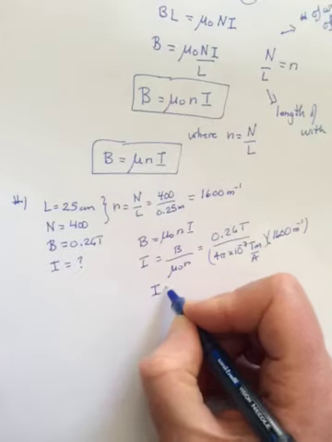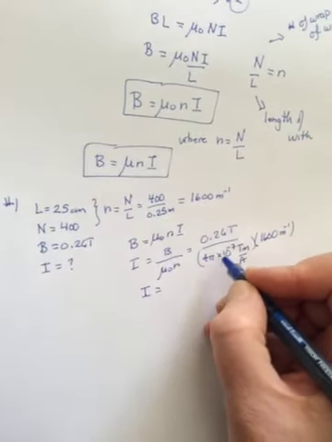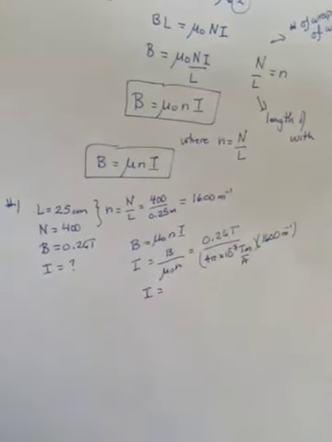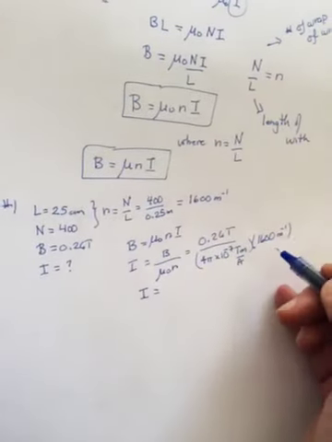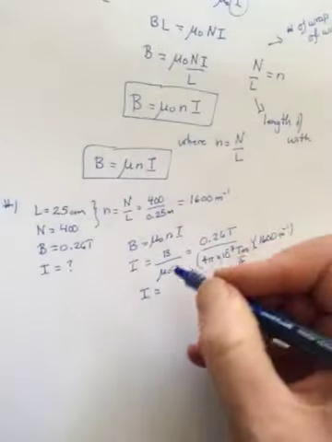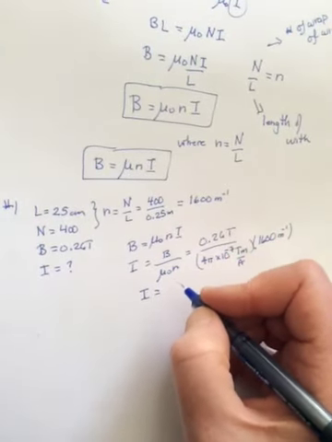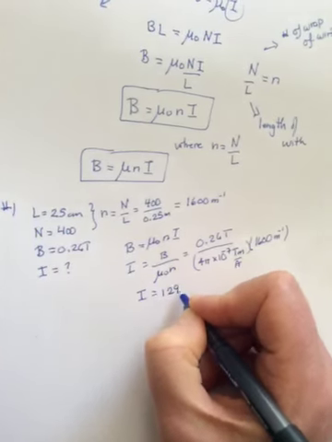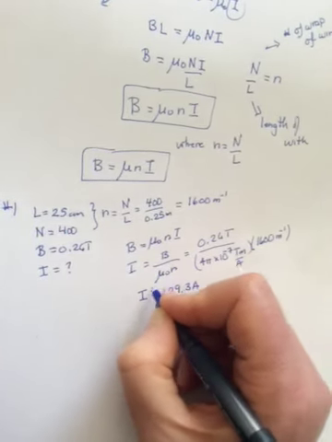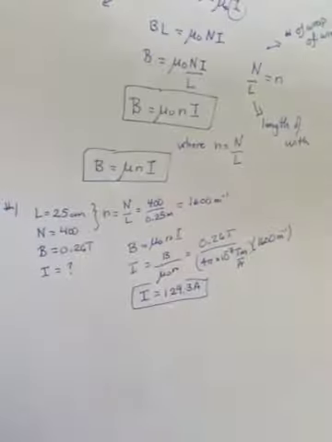It won't let you. So instead, do 4 times 10 to the negative 7, 4 EXP negative 7, times pi, times the 1600. And then whatever you get, divide that into the 0.26. Okay, and when you do, you should get 129.3 amps for number 1.